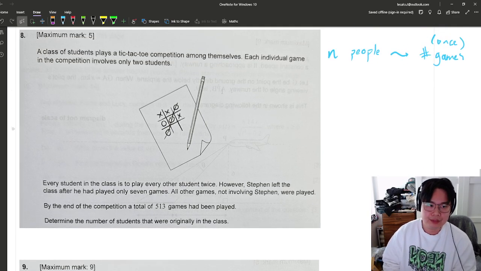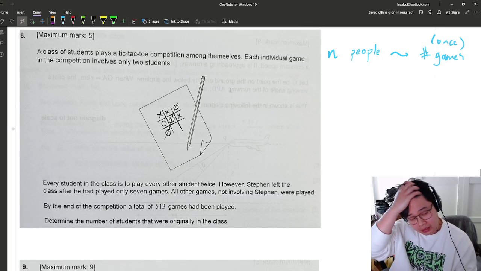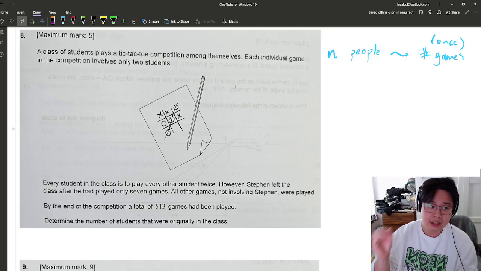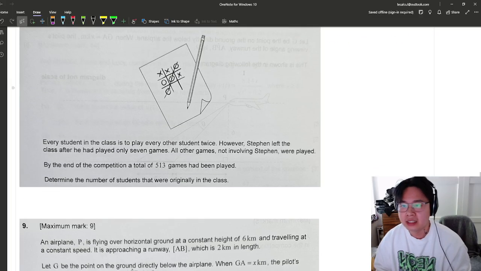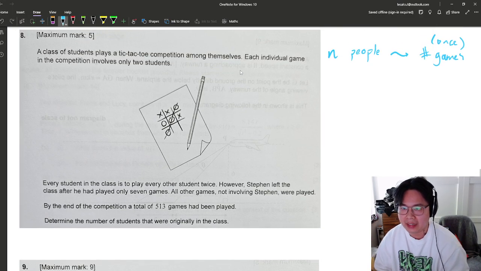Okay, so what you should do is start with a small case and then build up and see if you can find a pattern. For example, if we have 2 people, that's pretty easy. You just play 1 game. If you have 3 people, then these 2 play with each other, and these 2, and then these 2.